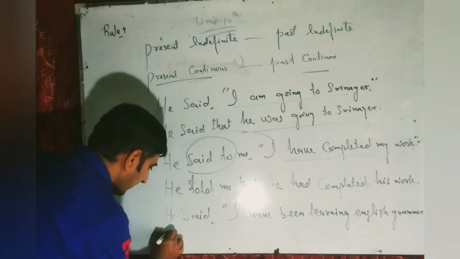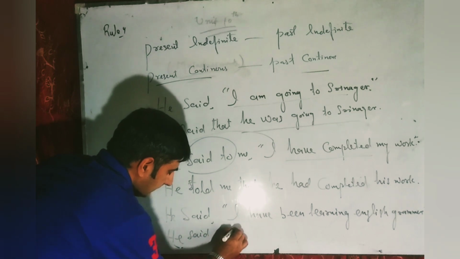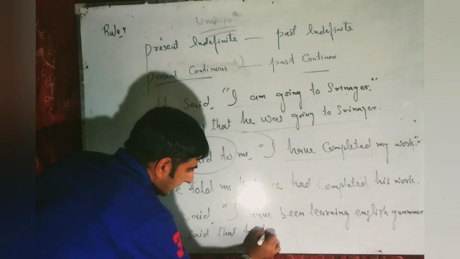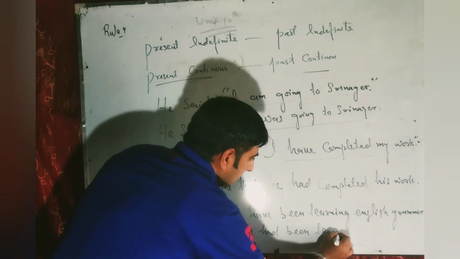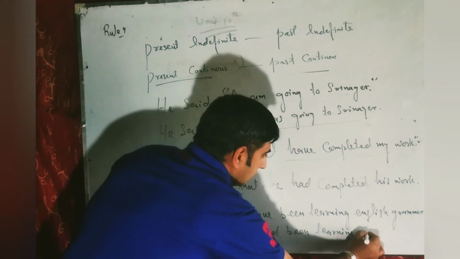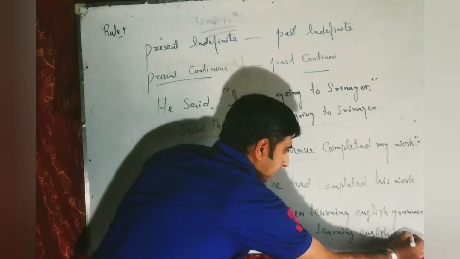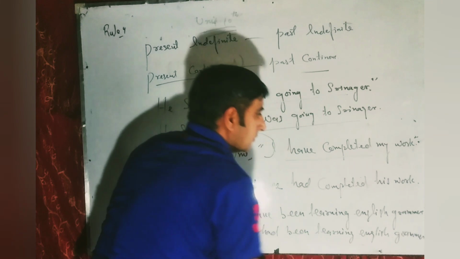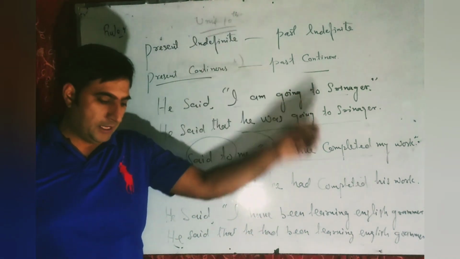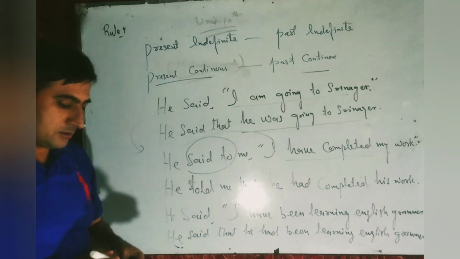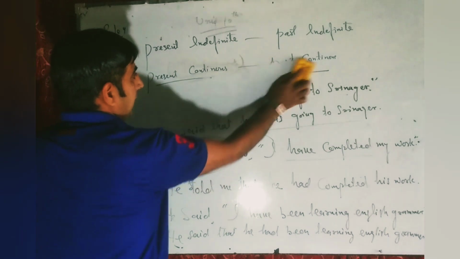So he said that he had been learning English grammar. So this is how we change these tenses from present to past. Now if the sentence is given in the past, past simple, how will we change that?